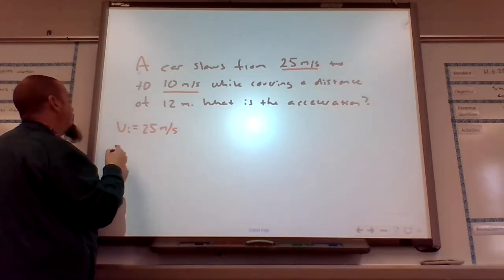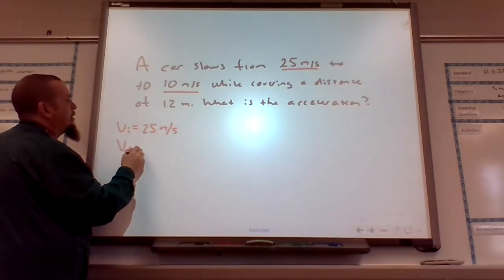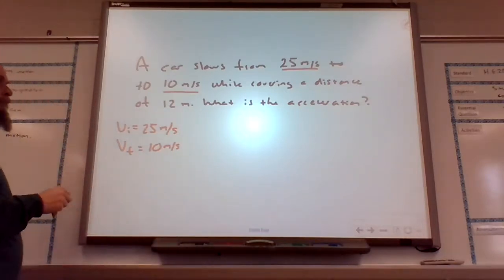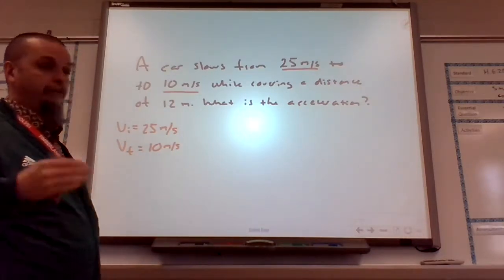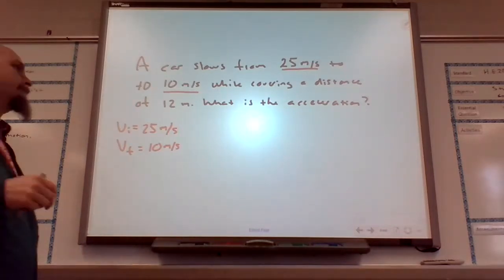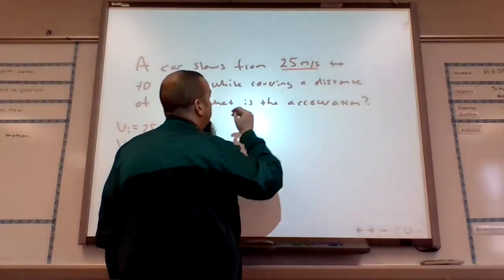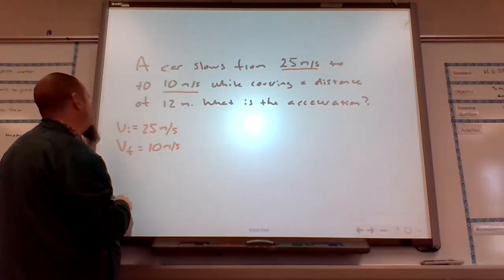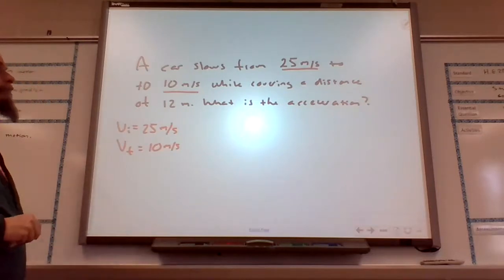To indicates final velocity, it's telling you where you end. If you went from my room to the office, from my room means you started at my room. To the office means you ended at the office. From 25 means you started at 25, that's Vi. To 10 meters per second means you ended at 10 meters per second, that's Vf.